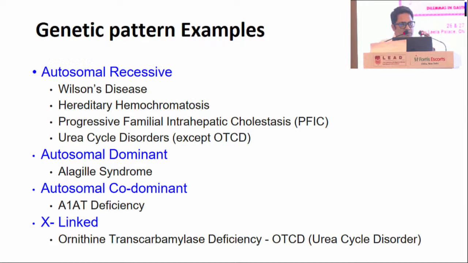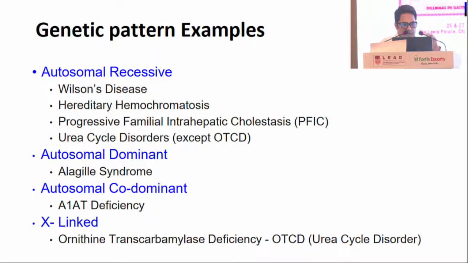Now, just to understand this topic, this is just a small classification. There are many disorders which are autosomal recessive, many are autosomal dominant, some are co-dominant, and some are X-linked. The genetic patterns of inheritance depend on these patterns.